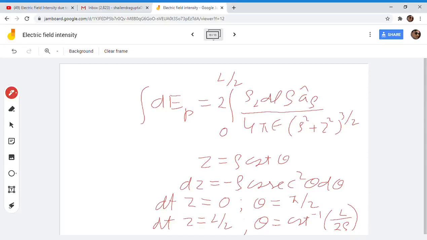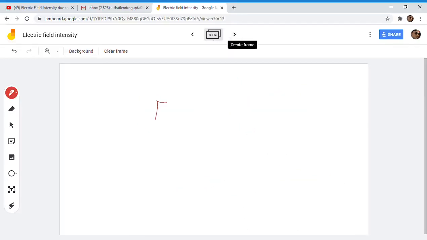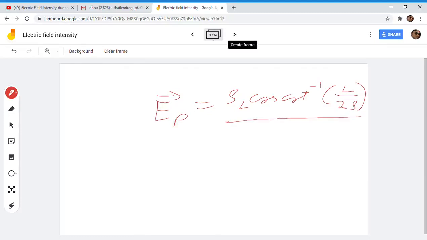Okay, so solving like before, you will get your EP to be rho L cos of cot inverse of L by 2 rho, divided by 2 pi epsilon rho.